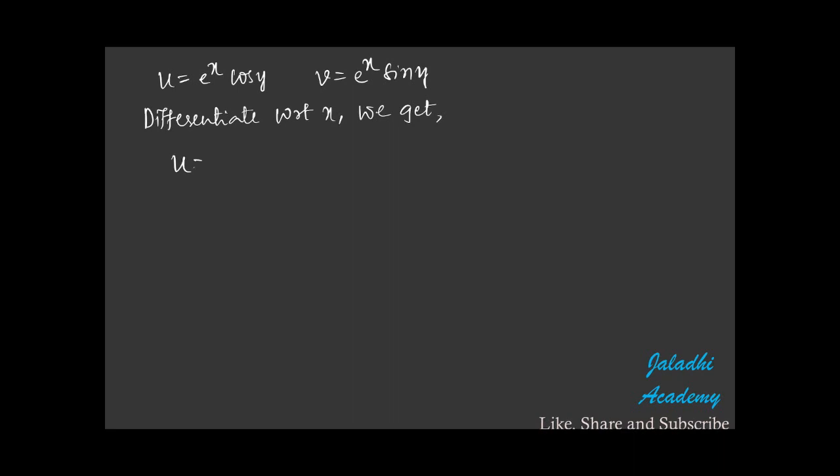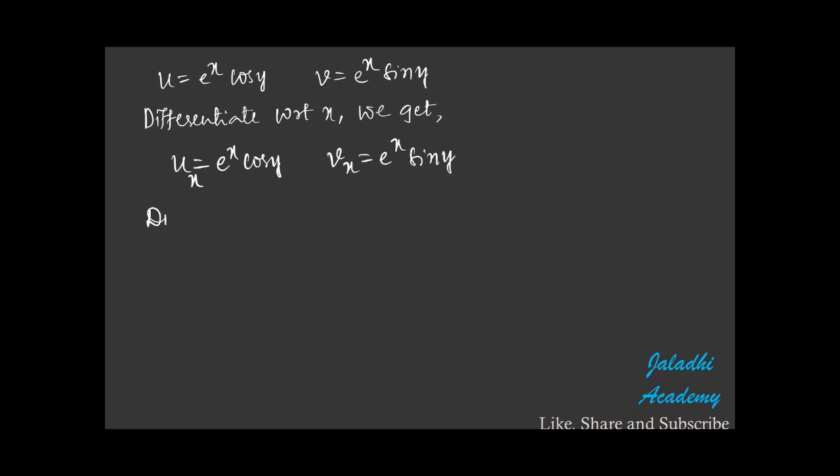By using the product rule, we can apply the derivative. When differentiating with respect to x, the function of y is treated as constant, so cos y will be treated as constant. So the derivative of e power x is e power x, and cos y stays as it is, giving ux. Similarly, vx is equal to e power x into sin y.